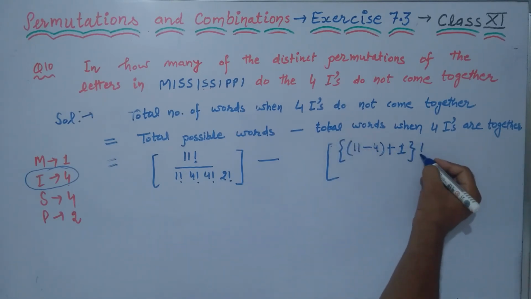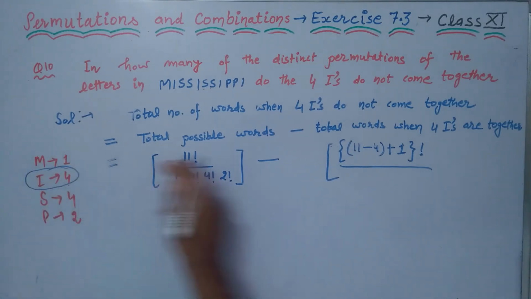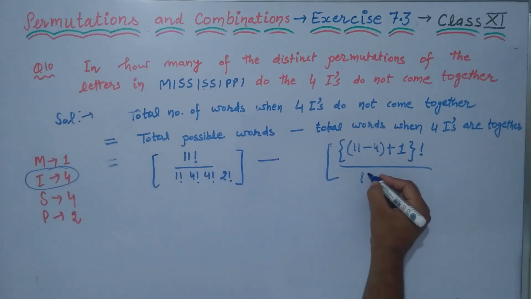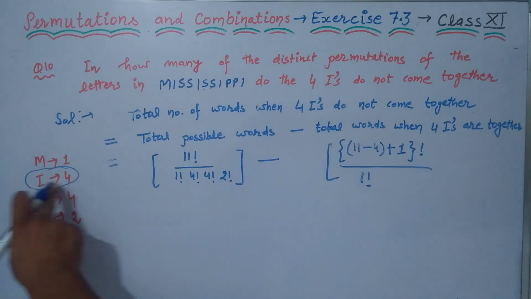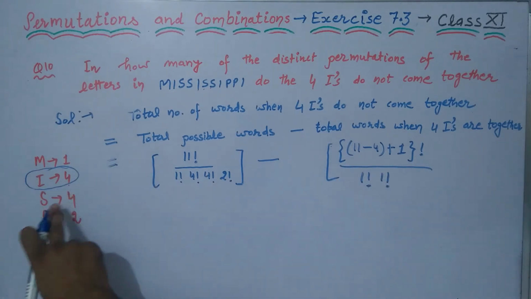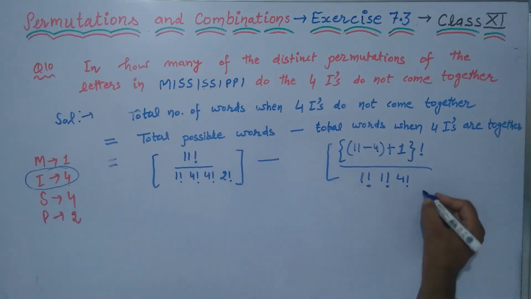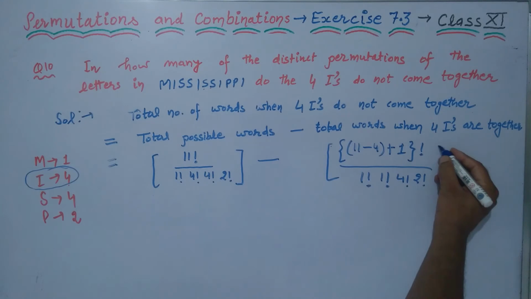So factorial upon, now M repeated one time, 1 factorial, I is considered as one letter, so 1 factorial into 4 factorial, divided by 2 factorial.